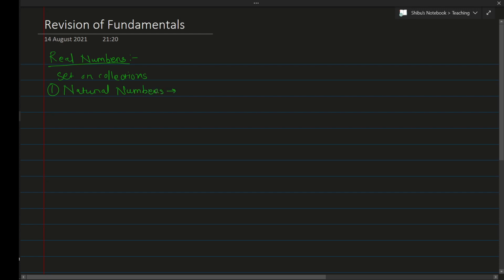And this category of collection contains numbers like 1, 2, 3 that we learn during our childhood when we first start counting. Then we learn addition, subtraction, multiplication and division with these natural numbers.